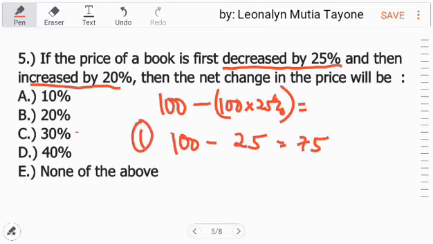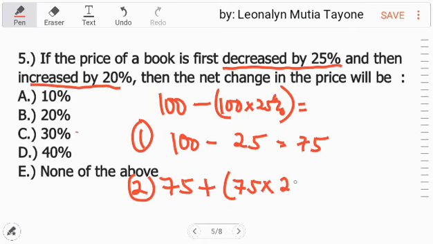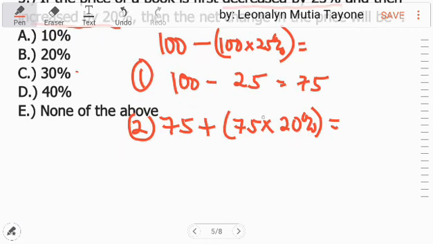Next, ito yung first step natin. Next, increased by 20%. So, si 75, second step, increased by 20%. So, 75 times 20%. Si 20% that is 0.2.